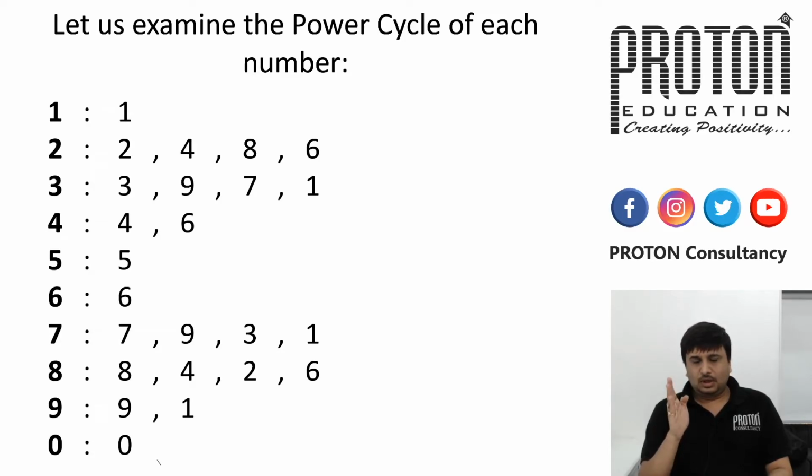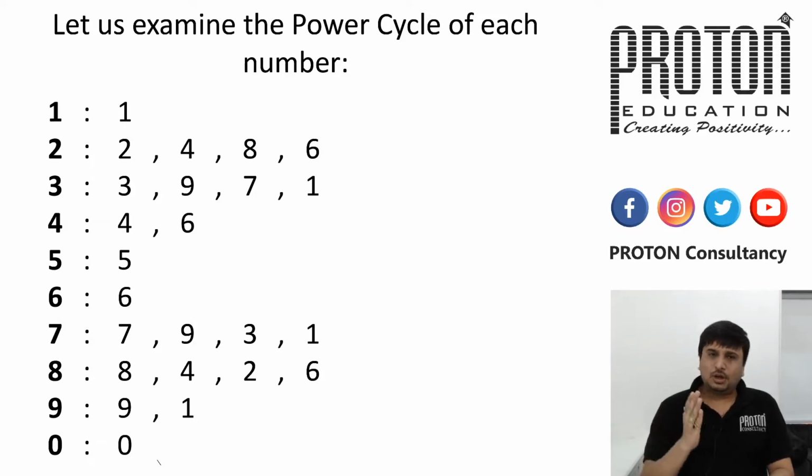Again, 9 sevens is 63. Remove the digit 6. You can see the digit 3 as the third digit. 3 sevens is 21. Again remove 2. The digit left is 1. So the unit digit is 1. So 7931. If I multiply 1 with 7, I get back to the number 7. So the power cycle is 7931.